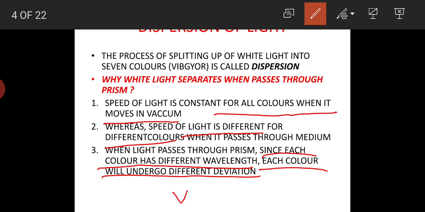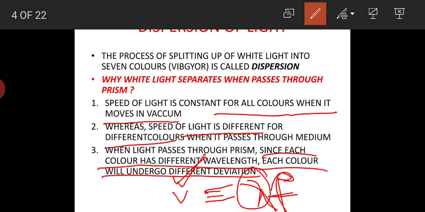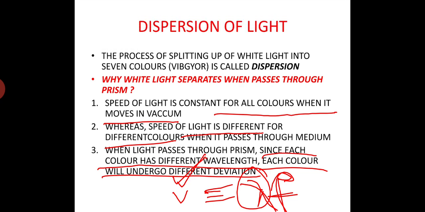Here we know that speed of light is given by v equals lambda into f, that is wavelength into frequency. Since speed of light is different for different colors in any medium, v changes. When v changes, lambda, that is wavelength, also changes. It means wavelength of the light will be different for different colors.